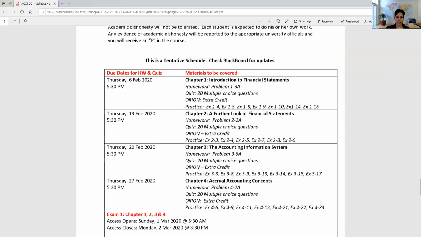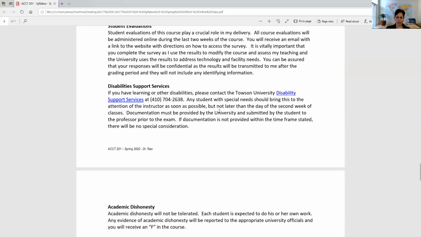So what's the next thing I want to talk about over here before I get to the dates? If anyone needs special accommodation, I do need the official letter to come from the Office of Disability Services. They are wonderful people out there. Please contact them. This link over here takes you to their website if you don't know about them already. They will work with you and try to identify if you need any extra accommodation.